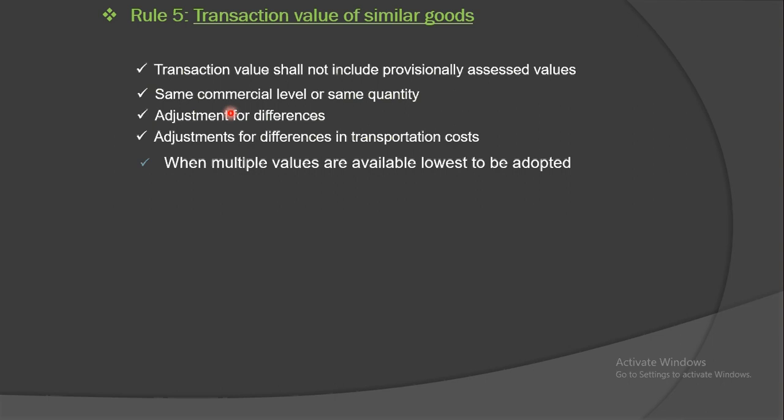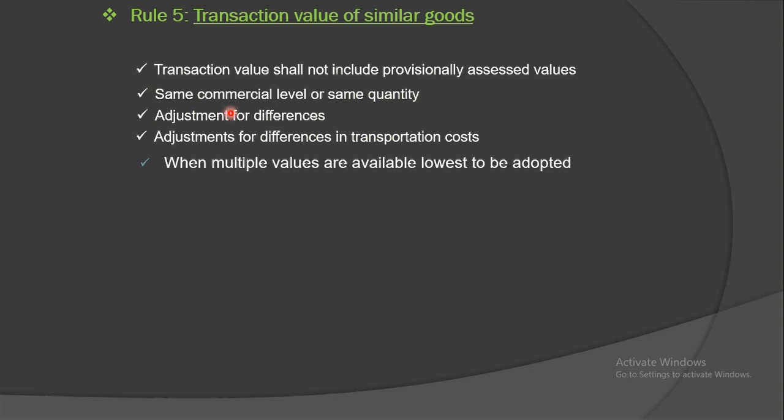If we are importing Maggi from the USA and we don't have the price of that good, we can take the transaction value of Yippee. But the value of that Yippee should not be provisionally assessed; it should be the transaction value of that good. The commercial level should be equal. Like if we are importing 10,000 kgs of Maggi, then we will compare the same quantity of Yippee.